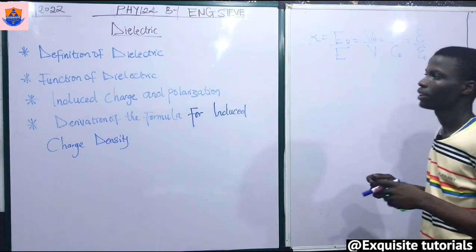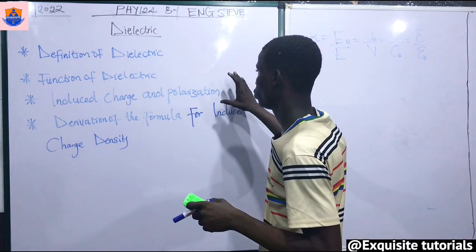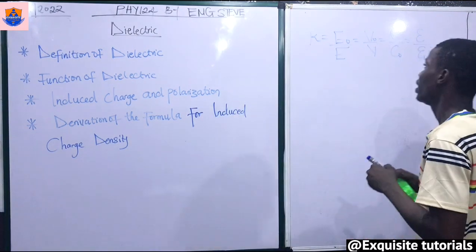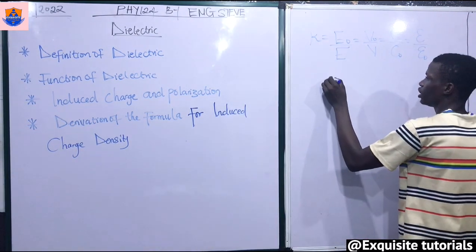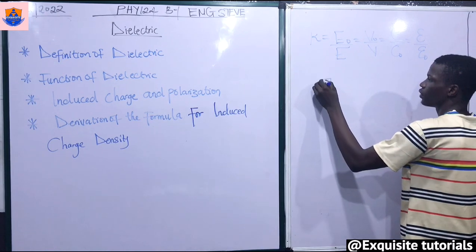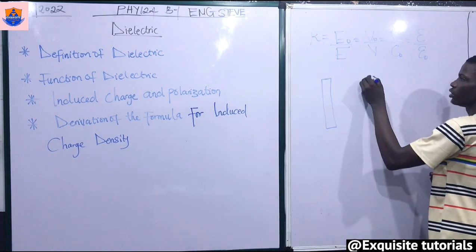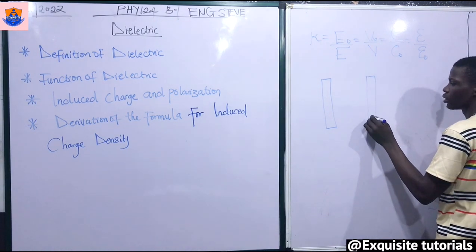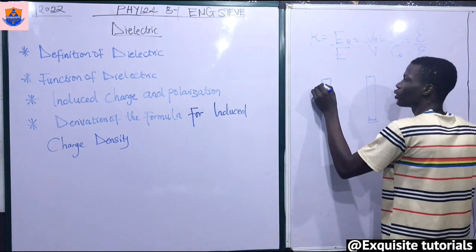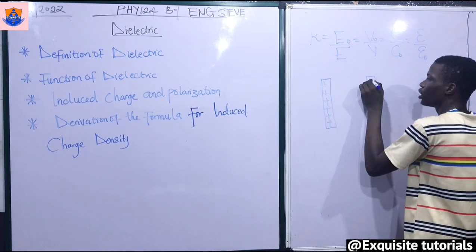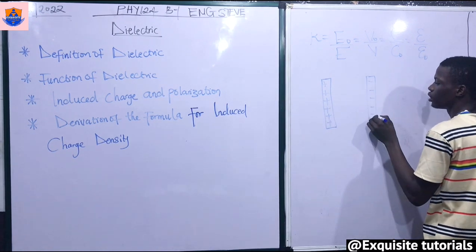Then the next subheading we'll be treating is the induced charge and polarization. Let's assume first of all this is a two metallic plate, one being positively charged and this one being negatively charged.